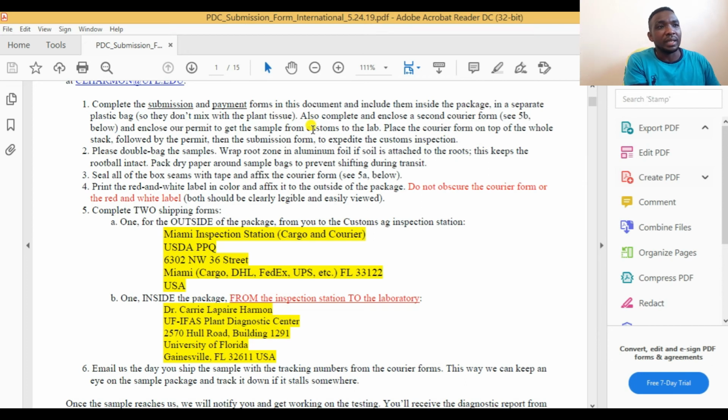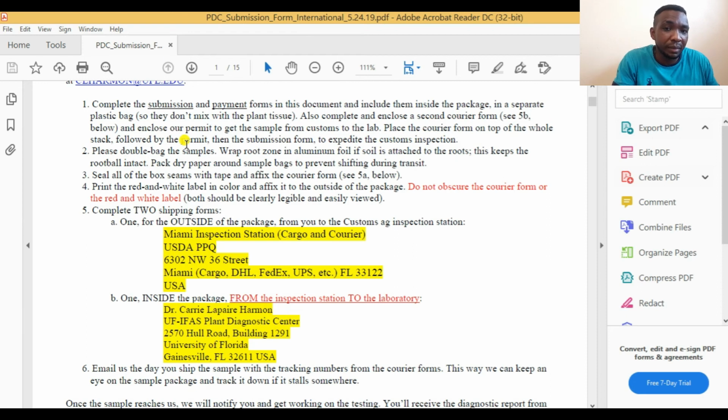So basically the courier form first, or the shipping form, then the permit, then the submission form. So you're basically going to have three forms inside the box, right? Again, the shipping form, the permit, and then the submission form. That is the order that you put them in and put inside the box.